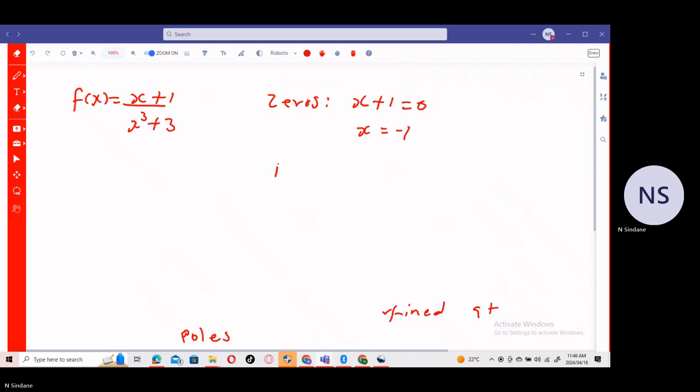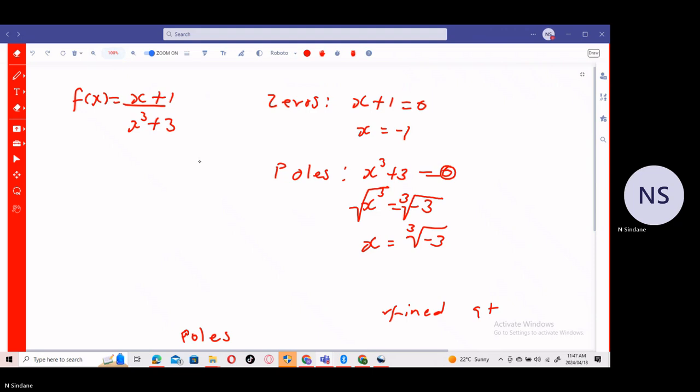For my poles, the denominator x cubed plus 3 must equal 0, so x cubed equals negative 3, and x is the cube root of negative 3. Those are your poles.